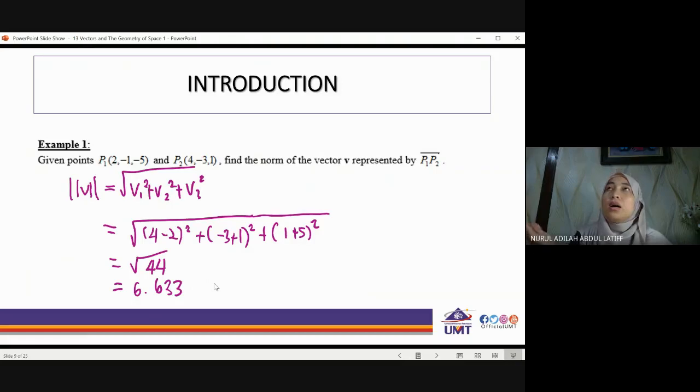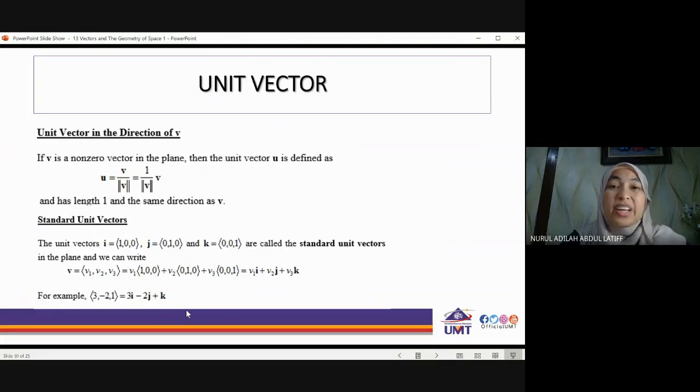See, in vectors, you may find it easy, but it's quite tricky because of the terms in the vector. But it's actually very easy to find the answer if you understand the terms of the vector.